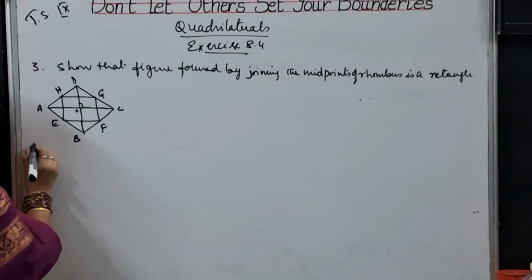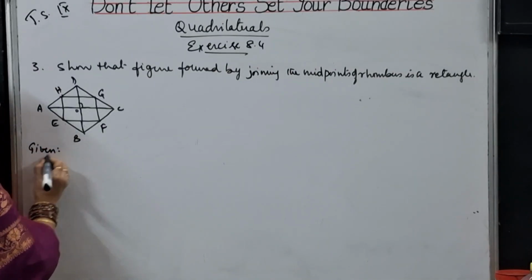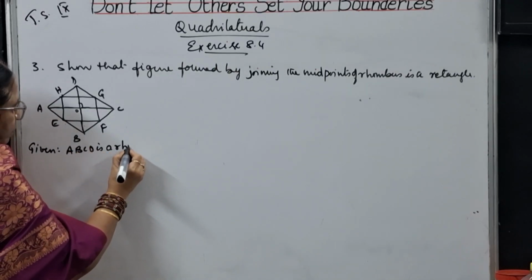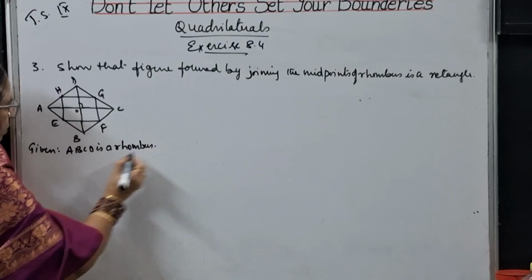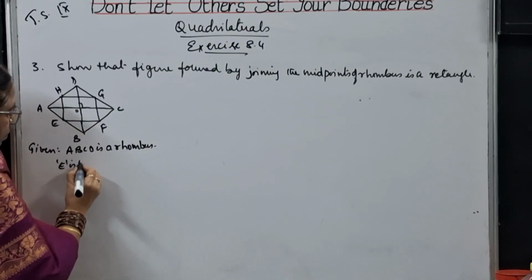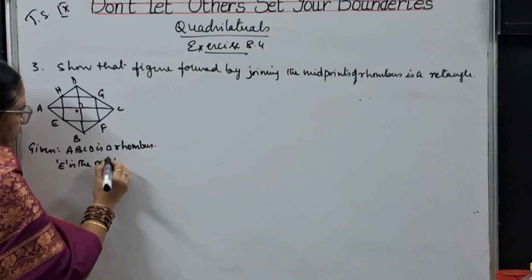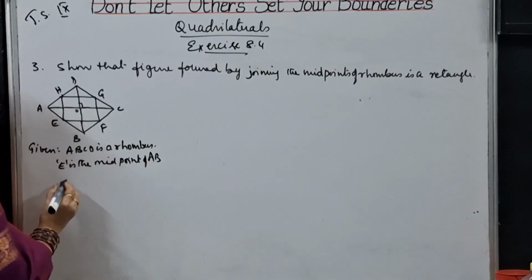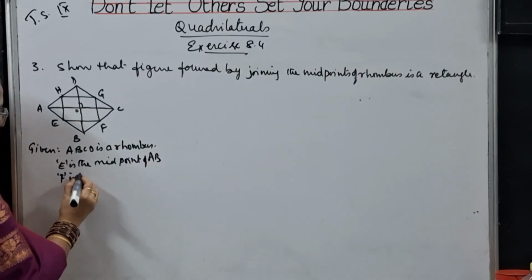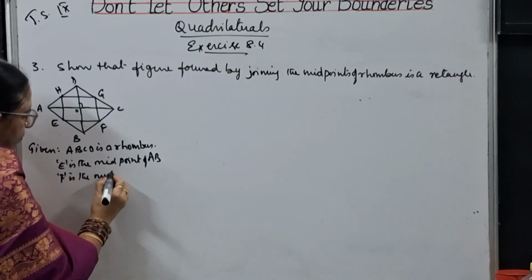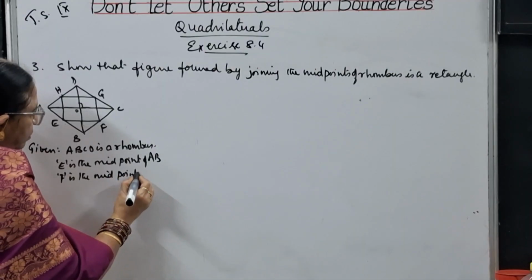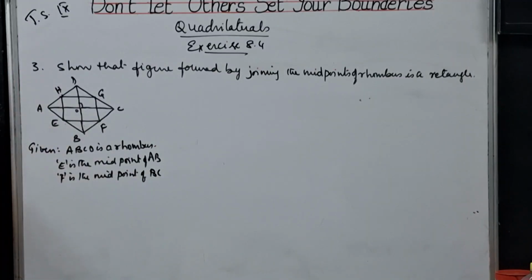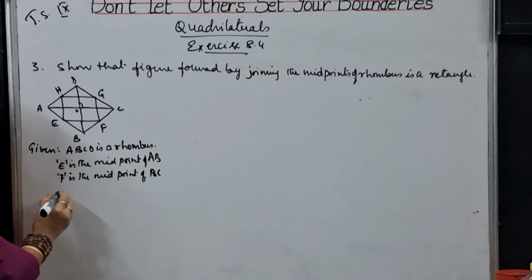Now, what is given? Let us see. ABCD is a rhombus. E is the midpoint of AB. F is the midpoint of BC.